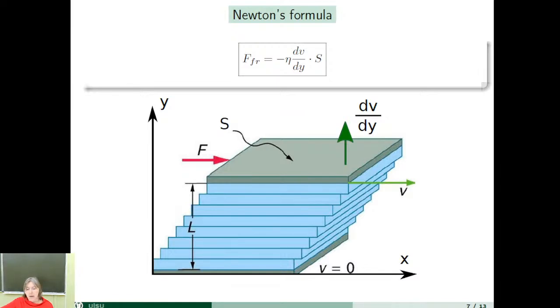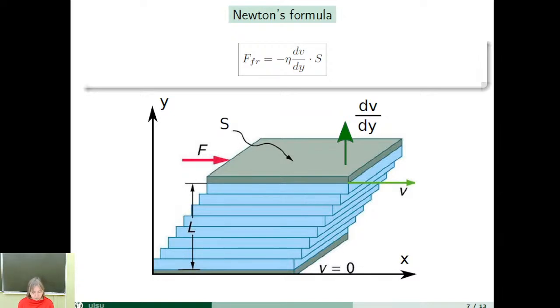Eta is the dynamic viscosity and is equal to the force of internal friction that acts on the unit area of the layer's surface at the velocity gradient which is equal to 1. The unit of viscosity is Pascal seconds. Eta in Pascal seconds.